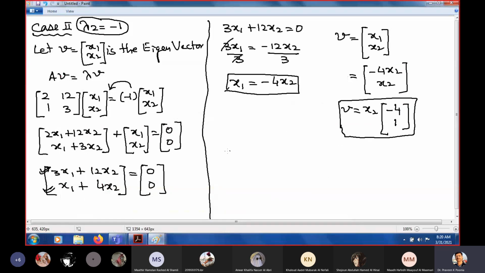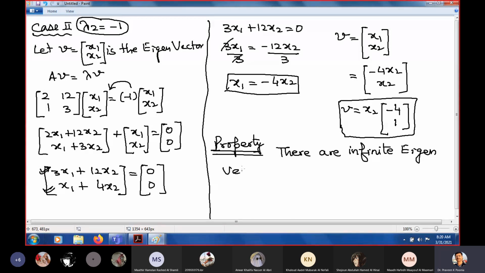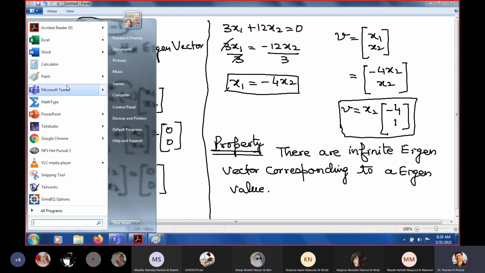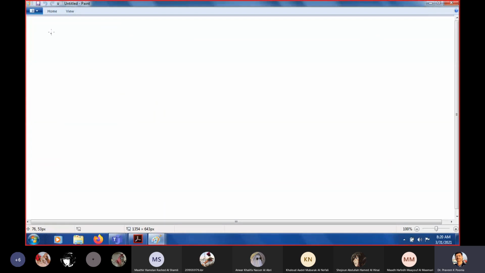It is that property: there are infinite eigenvectors corresponding to an eigenvalue. What is the property? If we are taking this eigenvalue, the eigenvector v is equal to how much?